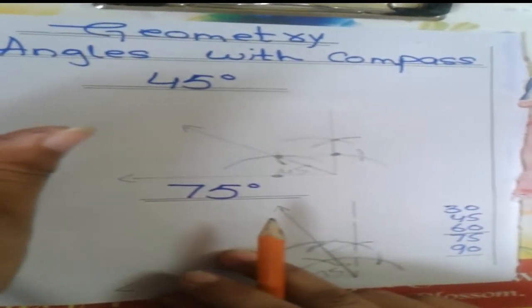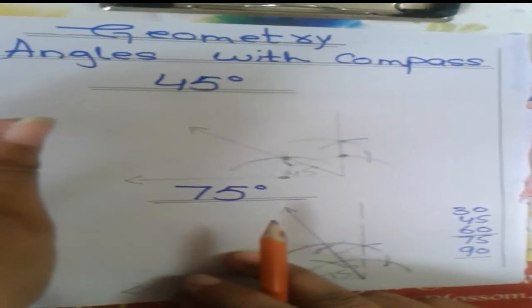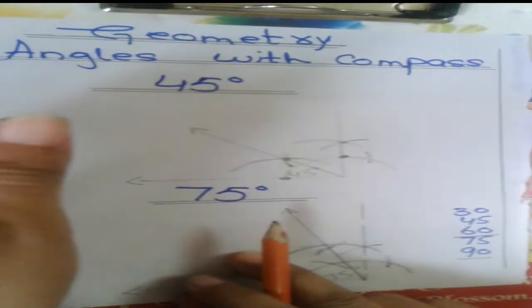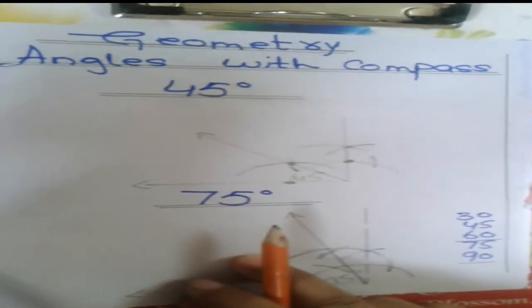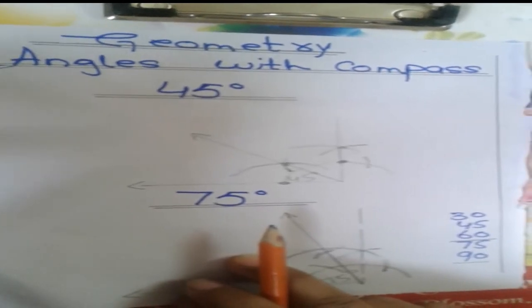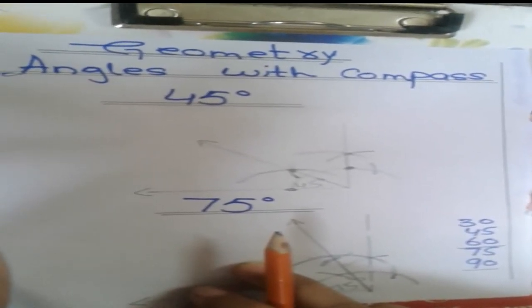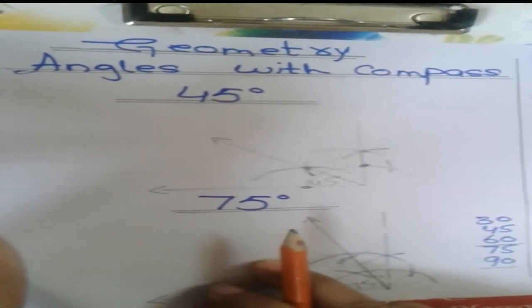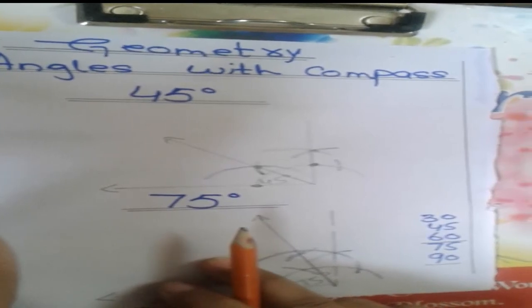The main thing to always remember is that in exercise 10.3 we have 2 types of angles, like angles of 35, 45, and 55. Always remember that those numbers which are divisible by 15, or we can say those numbers which are in the table of 15, these angles can be drawn with the help of compass.